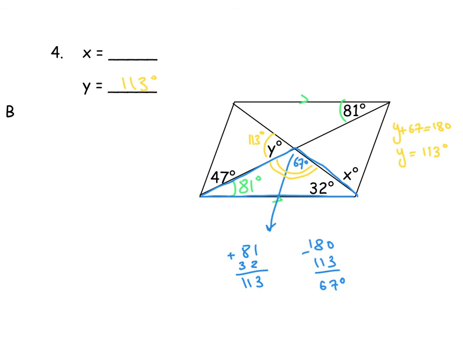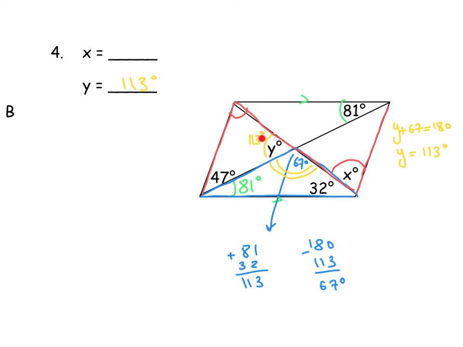So let's look at x. X forms a z with this angle. That's a terrible z. I just fixed it. So this x is equal to this angle. So if I can find this angle, x and this angle have the same measure. So if you look at this triangle over here, I know that this is 47.